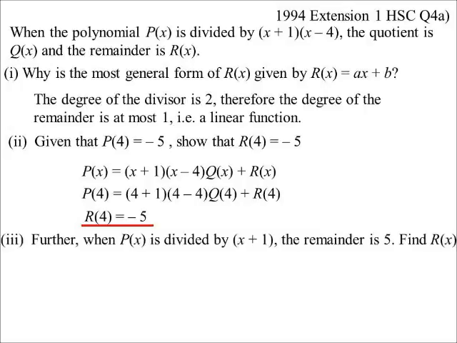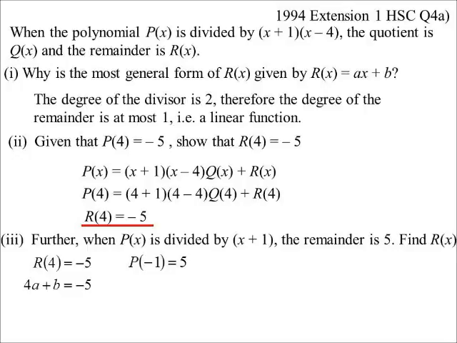Further, when it's divided by x plus 1, the remainder is 5. Let's find the actual remainder. So, R(4) is negative 5. We now know that. So 4a plus b, if we sub it in, because we've said the remainder is going to be ax plus b. So 4a plus b is negative 5.